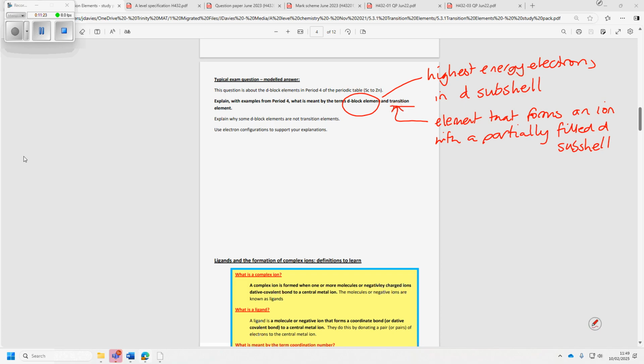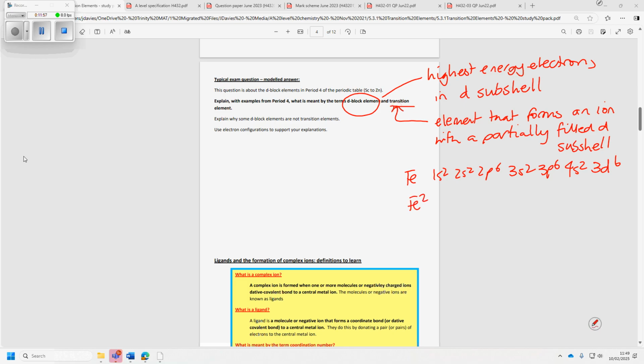So are we able to give an electronic configuration of an element that is both D-block and a transition element? We could choose iron, for example. We know that iron is 1s2, 2s2, 2p6, 3s2, 3p6, 4s2, 3d6. We went through this earlier, didn't we? That's iron as the element.